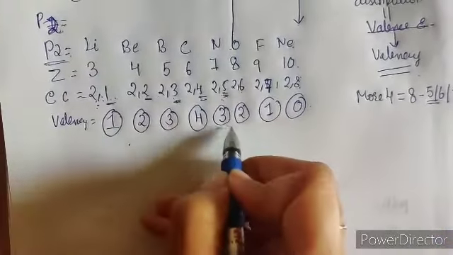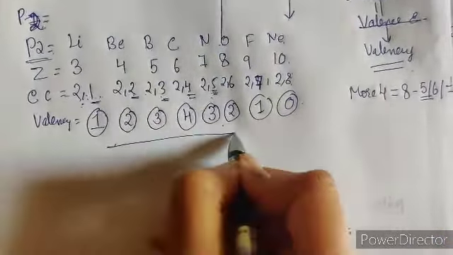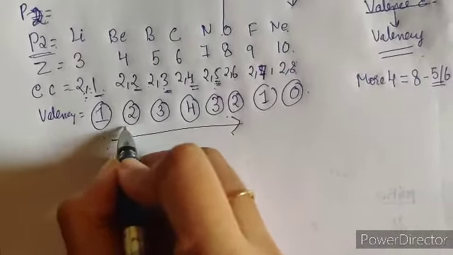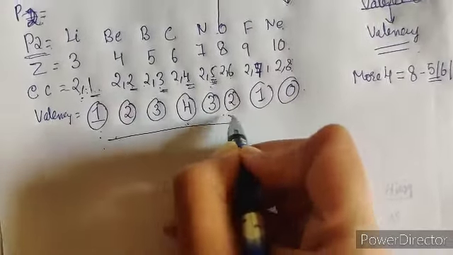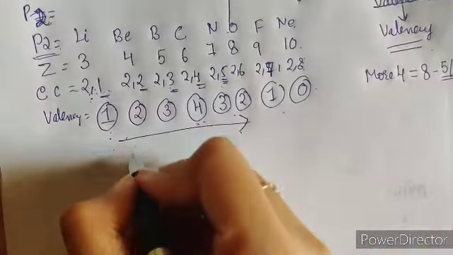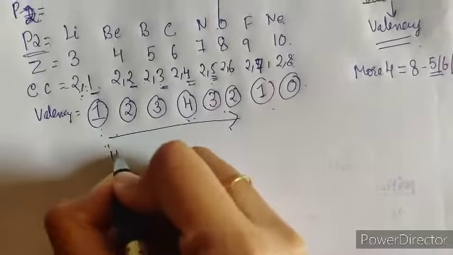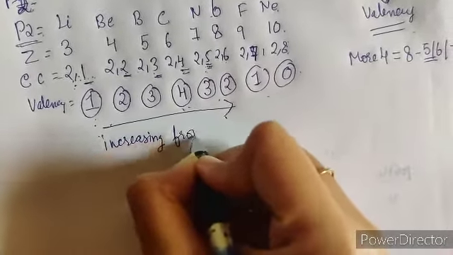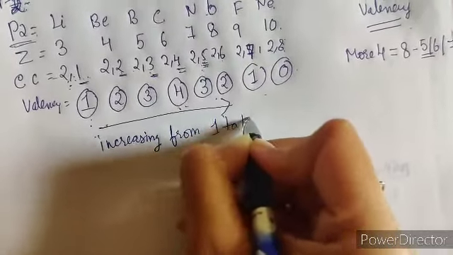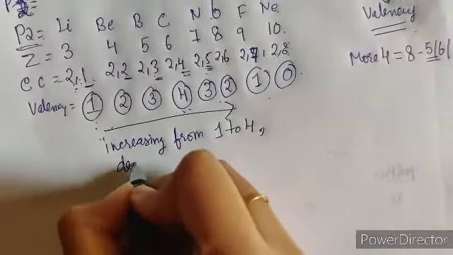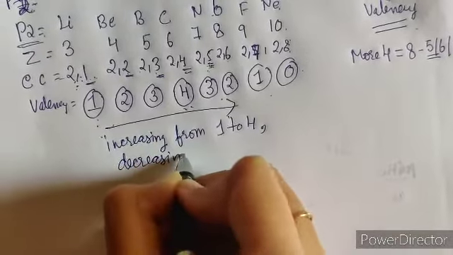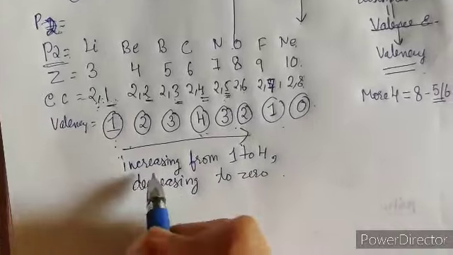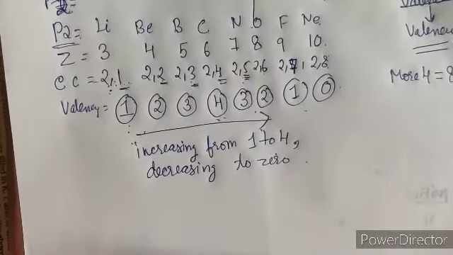You can see the trend on moving across a period: valency is first increasing from 1 to 4 and then decreasing to 0. This is the trend followed across a period.